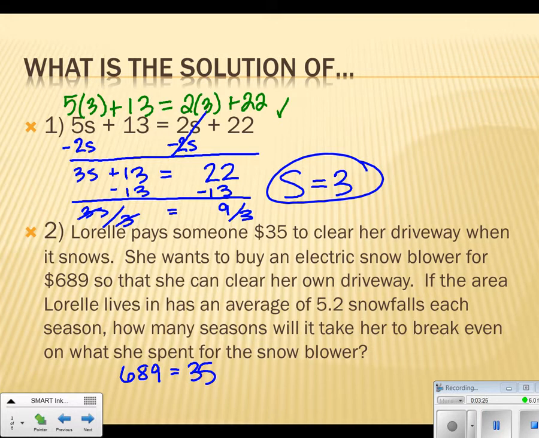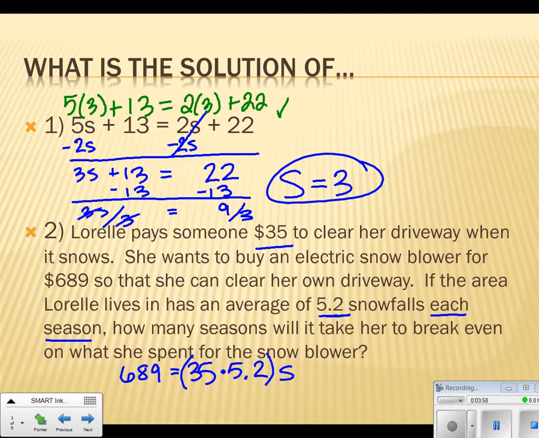If the area she lives in has an average of 5.2 snowfalls each season, so she pays someone to clear the driveway, and it's 5.2 snowfalls each season. So she has 35, and she's going to multiply that 35 by 5.2, and then multiply it by s.